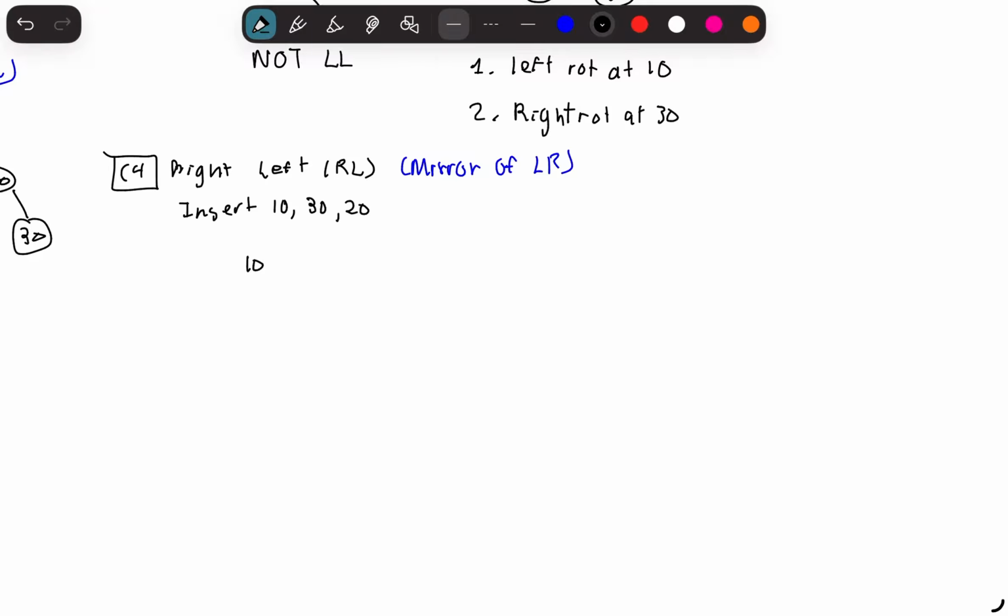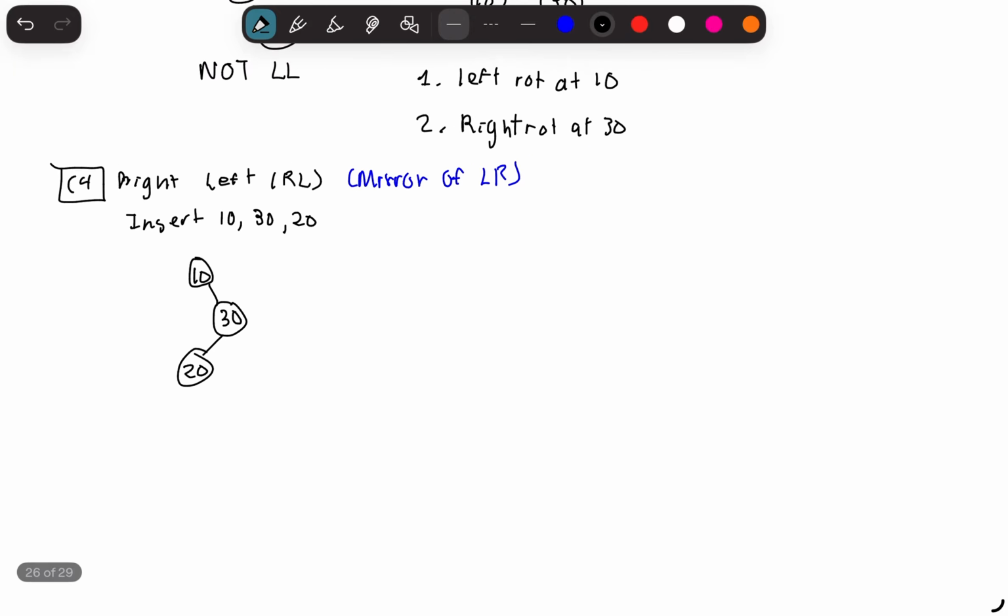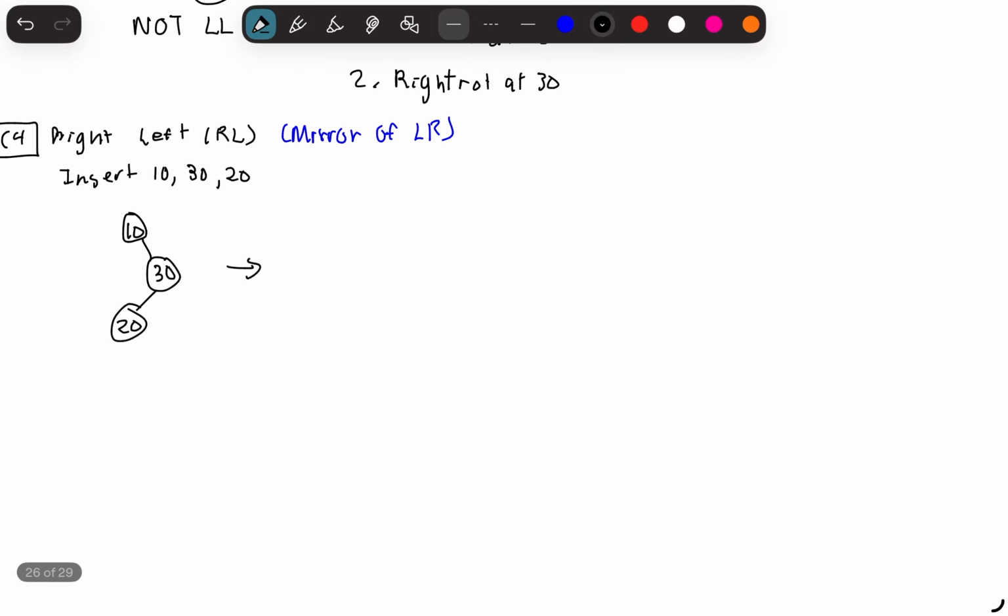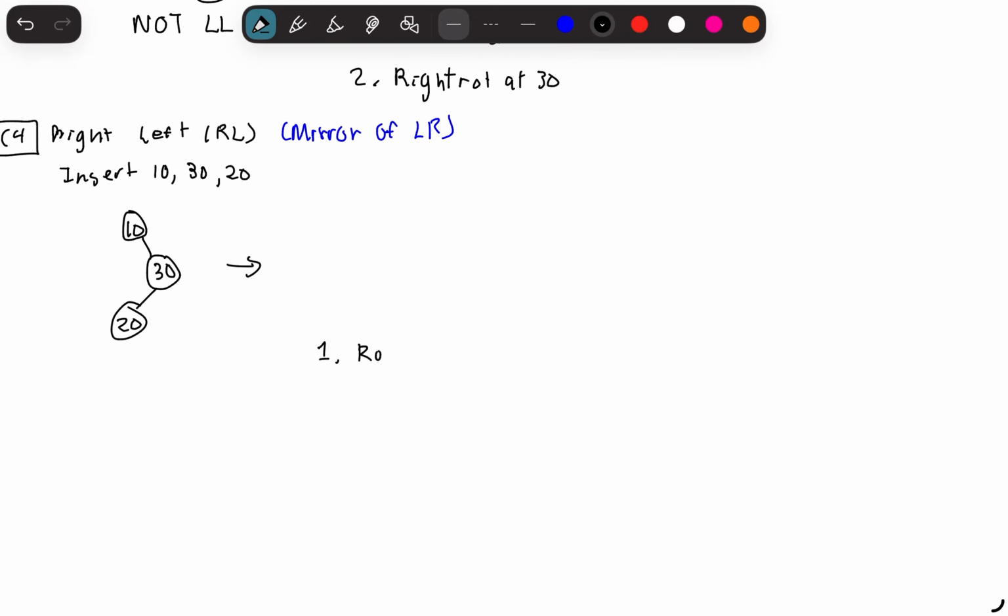So let's say you have a tree that looks like this when you insert those 30, 20. First, you're going to right rotate at 30. Secondly, you're going to left rotate at 10, resulting in 20, 10, 30.